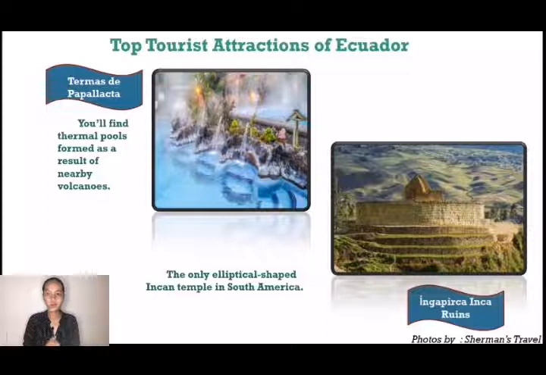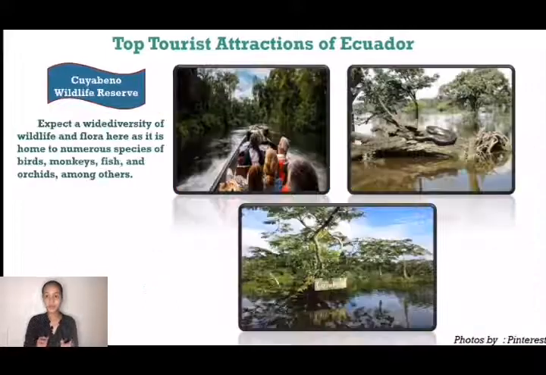Ingapirca Inca Ruins. Explore the largest set of ancient Inca ruins in Ecuador at Ingapirca. Cuyabeno Wildlife Reserve. Enjoy tropical scenery along with spectacular wildlife viewing at the Cuyabeno Wildlife Reserve in Ecuador's Amazon region.